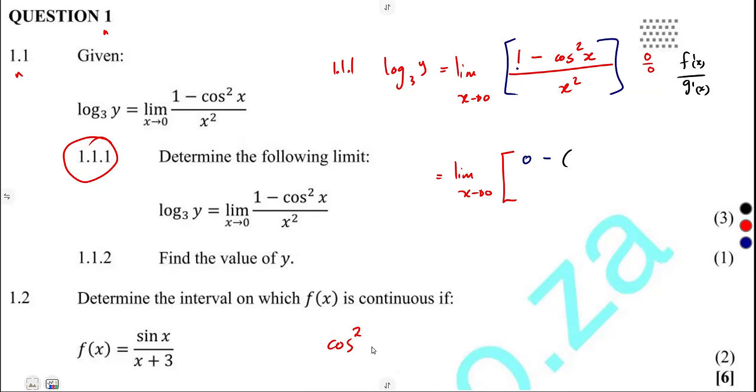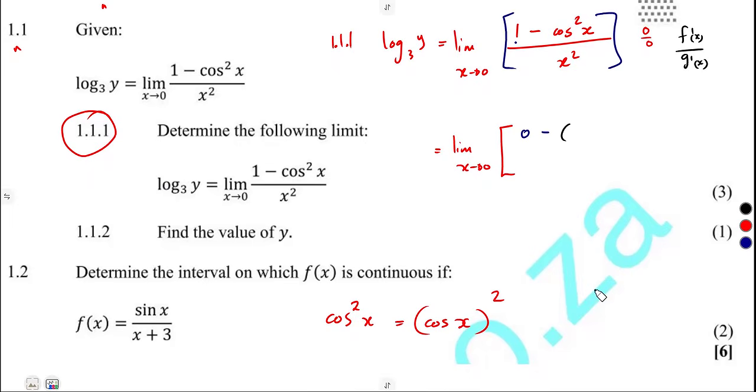The cos squared of x is the same as the cos of x squared. Remember, from our chain rule, the function of a function, you can do it by inspection, where we have got a power and the cos of the given function. So we're going to use the power, then the function, and the inner expression, so that we can simply differentiate.